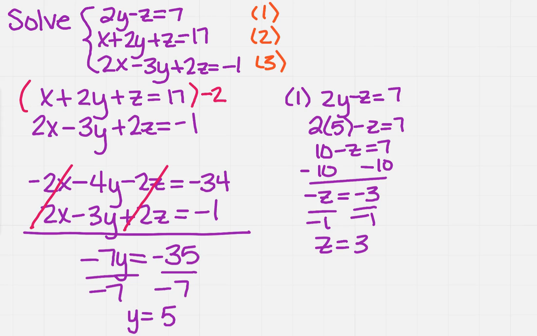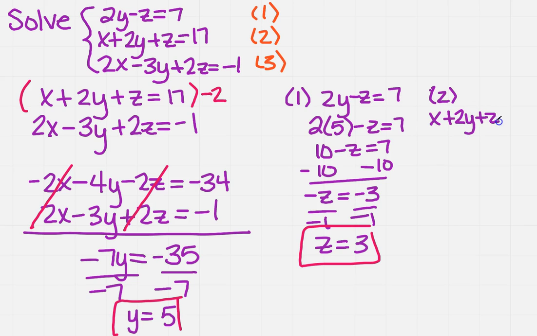So kind of like I did before, I'm going to use some pink boxes so I don't start losing my values. I'd hate to do that. So the only thing now I'm lacking is an x. I really kind of like equation 2 for that. So I'm going to use equation 2, which says x plus 2y plus z equals 17. We said that x is what we're looking for.